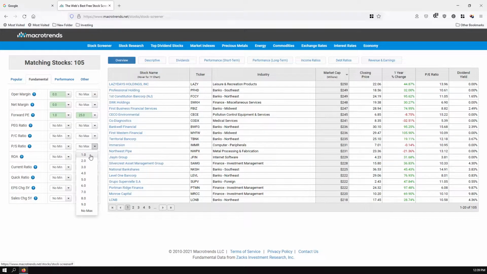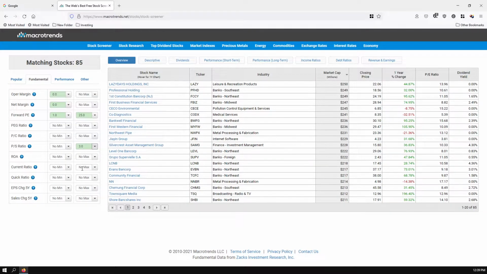So a 1 would be the company is seeing revenue equal to or greater than the price of the stock. So 1 is preferable. 2 is generous on your part. 3 would be, the stock is pretty expensive unless they have really good margins.